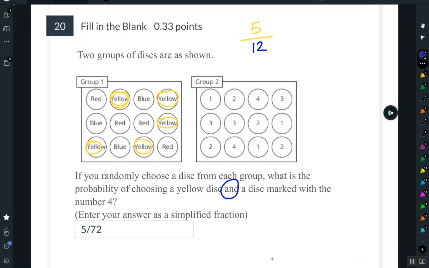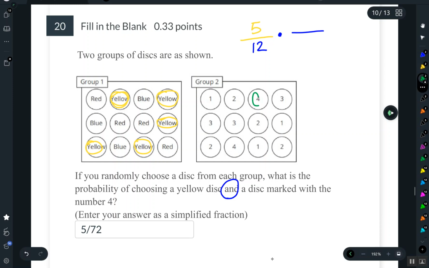So that's the probability of getting a yellow disc, and we're going to multiply the probability of getting a number 4, 1, 2, there's just 2 of them out of also 12. Okay, we can reduce this a little bit. This could be 1 out of 6, which gives us 5 out of 72.